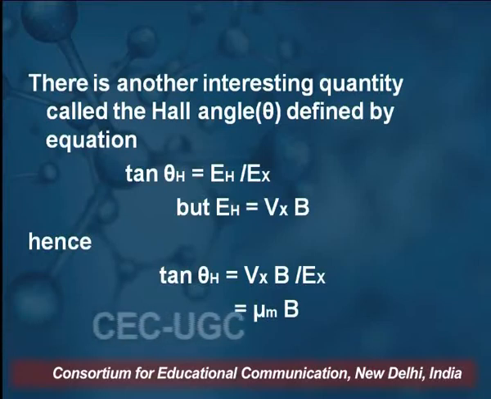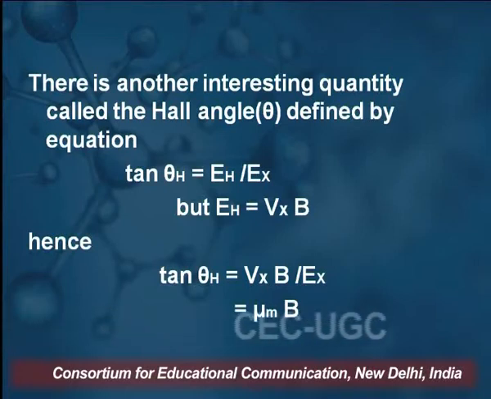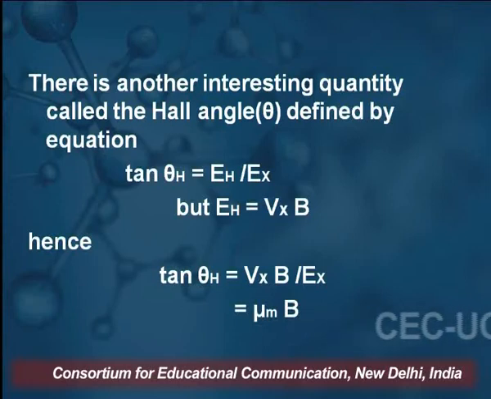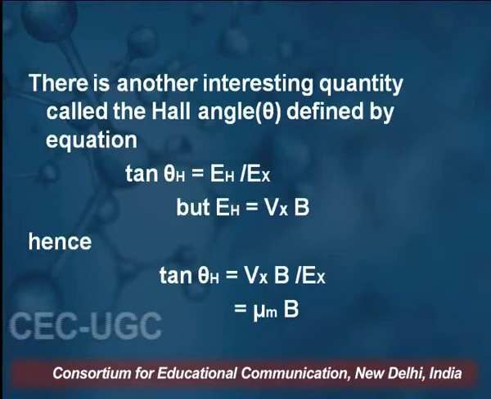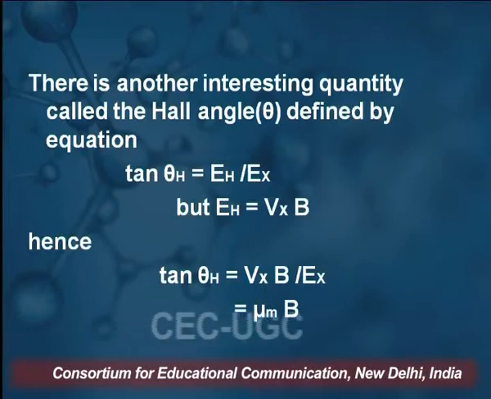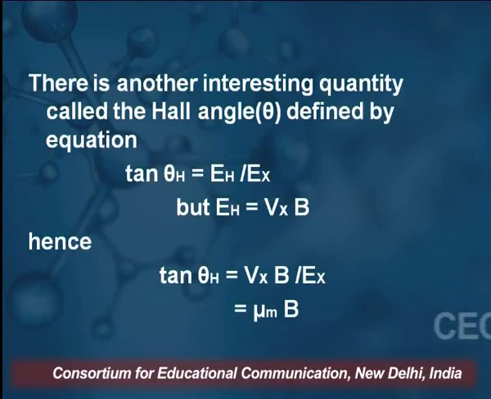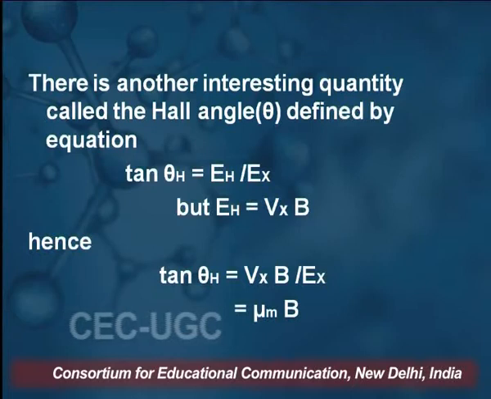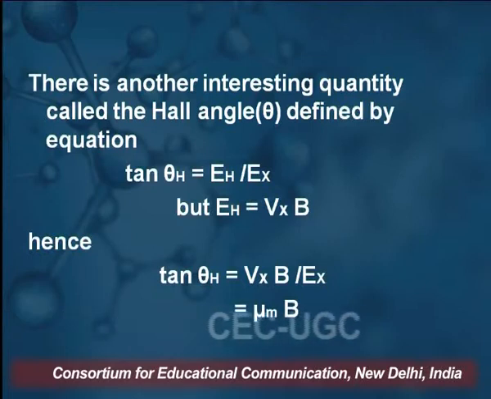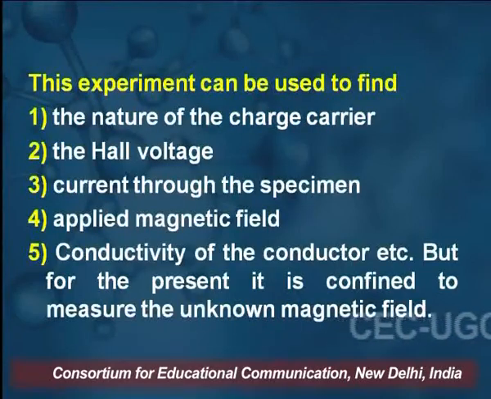So EH is equal to Vx into B. By putting this value, as we know that Vx by Ex is equal to the mobility, the Hall angle can be determined if we know the mobility of charge carriers. So tangent theta is equal to mu m into B, the magnetic field applied.